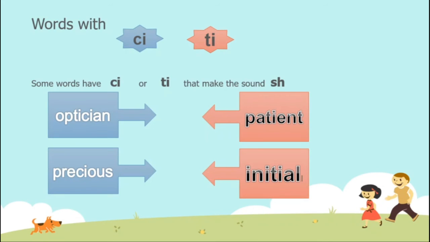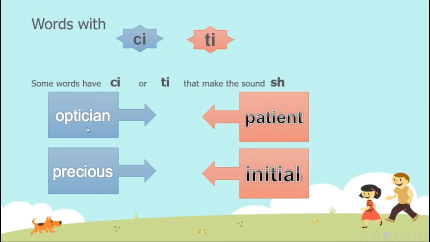Then we are going to another aim of our lesson, the words with CI and TI. Some words have CI or TI that make the sound sh. That means we will pronounce these letters as sh in the words: option, precious, patient, initial.